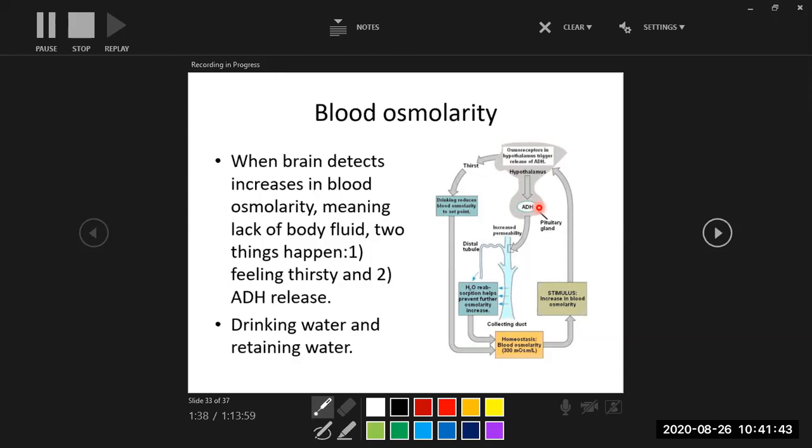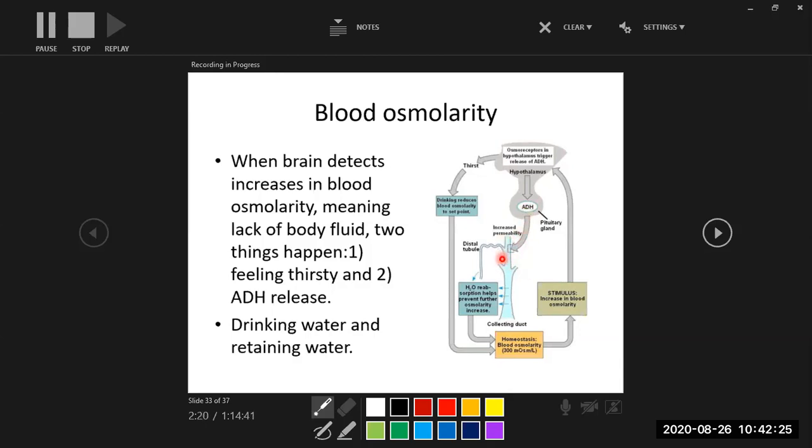We are land humans. So the high osmolarity detected by the hypothalamus will do two things. First, it will trigger the ADH to retain water, because now you lose a lot of water. You are on land, you sweat, and you didn't drink a lot. Water is precious, so you need to retain it, pure water.